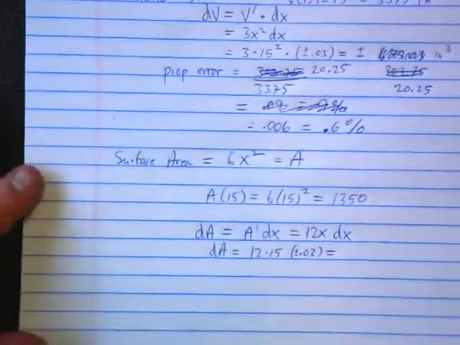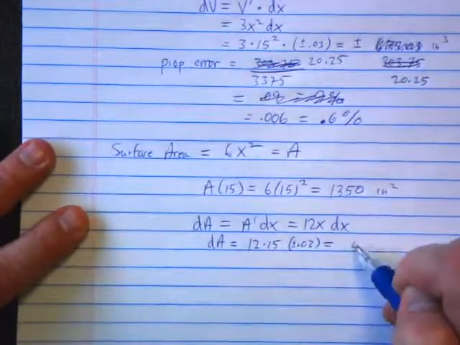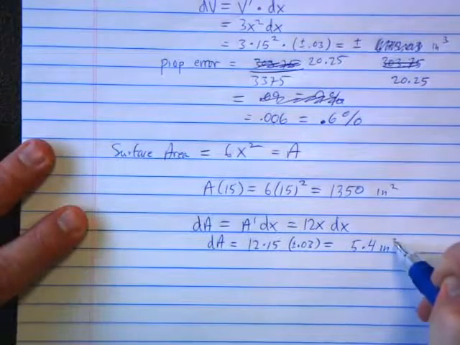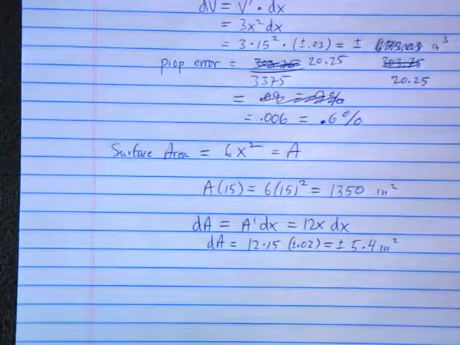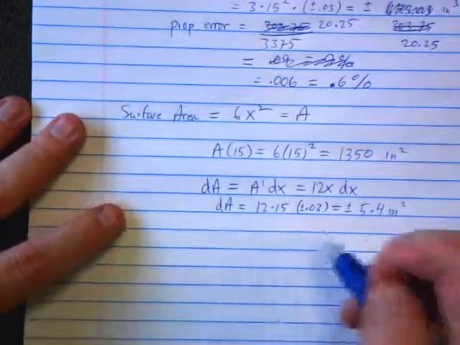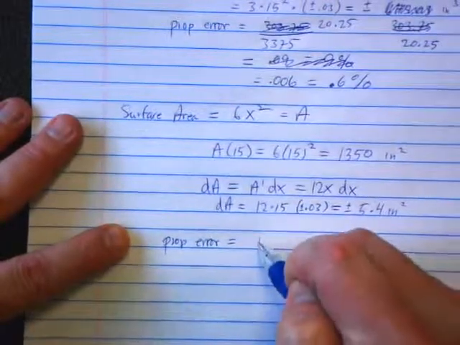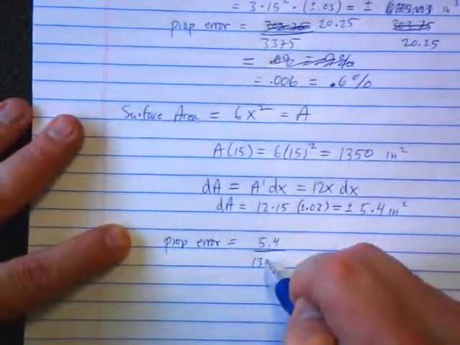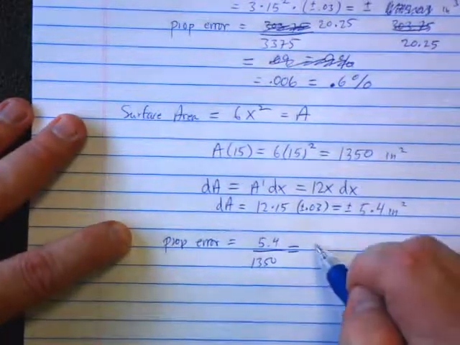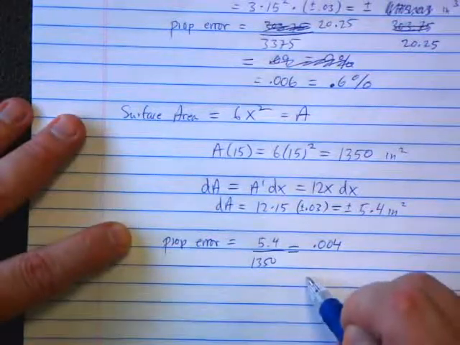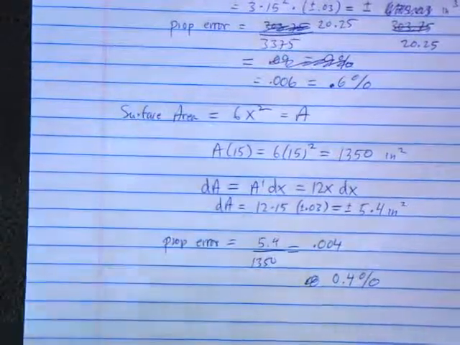Which is 5.4 plus or minus. So our answer would be the propagated error is 5.4 divided by 1350, 0.004, which means our percent error is 0.4%.